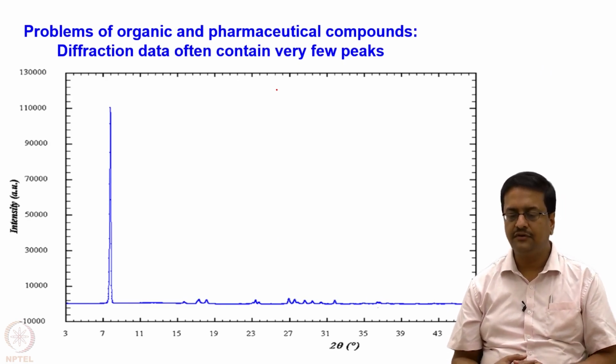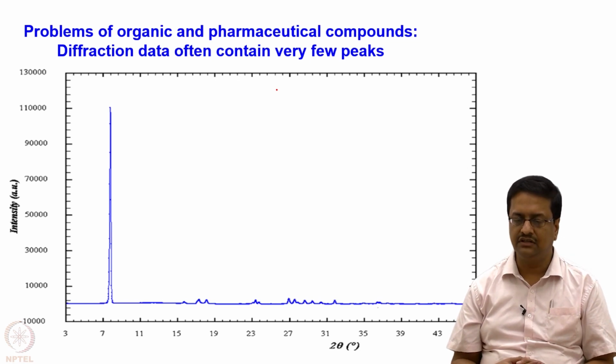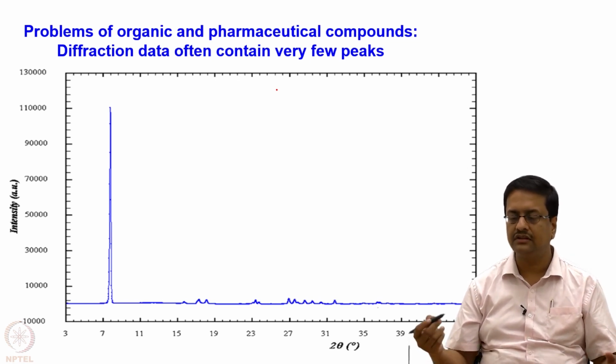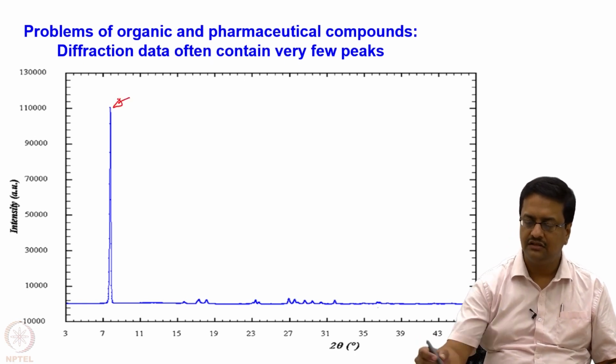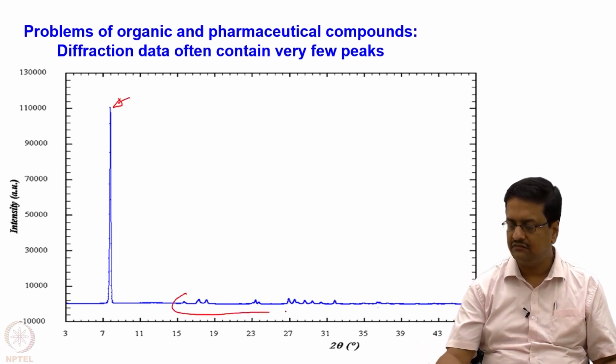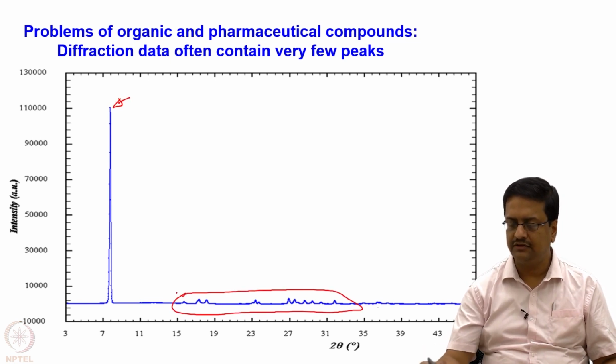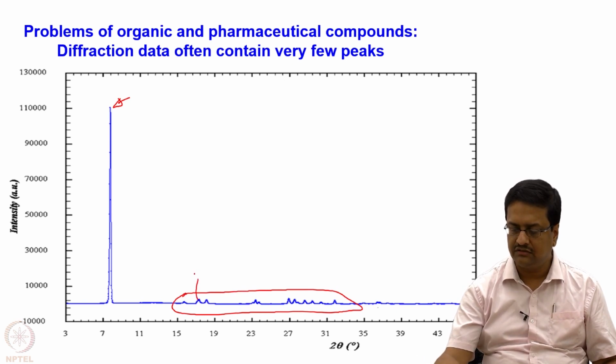Often what we see is for organic and pharmaceutical samples, diffraction data often contain very few peaks. See here we have one large peak, but other peaks are extremely small and they are very broad. If you try to enlarge them, you will probably see this peak when enlarged looks like that.